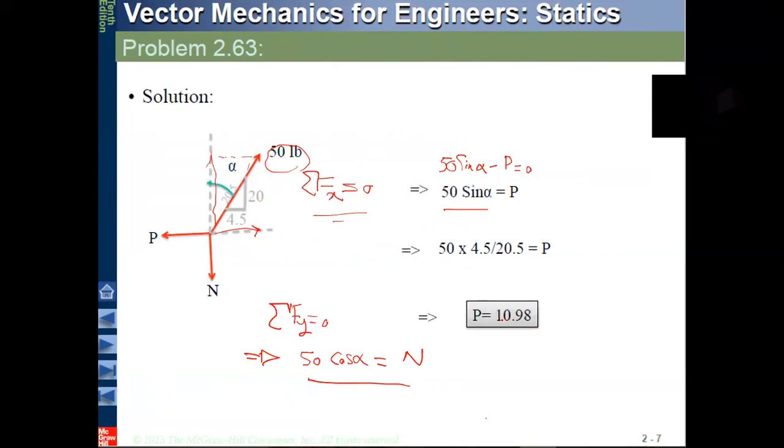And then you will calculate P. So if you want to derive N force, then you need to write the equation in the Y direction. So in the Y direction, you're going to have 50 cosine of alpha equal to N. And that is how you can get the vertical force acting upon collar A.